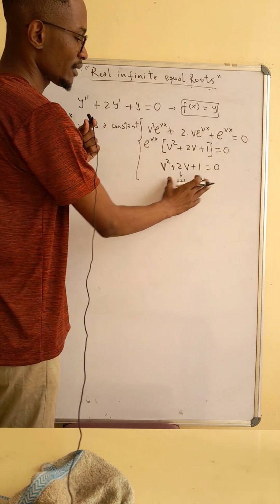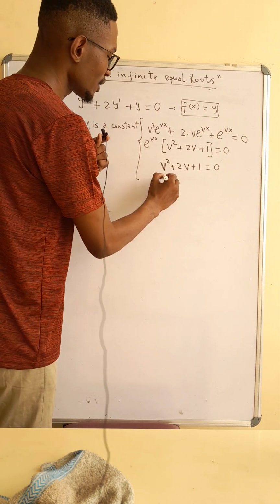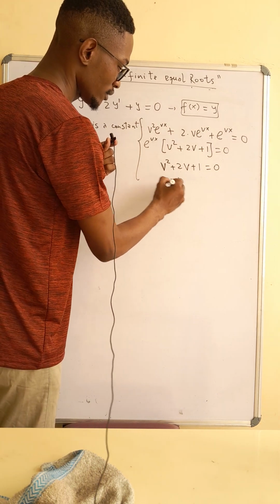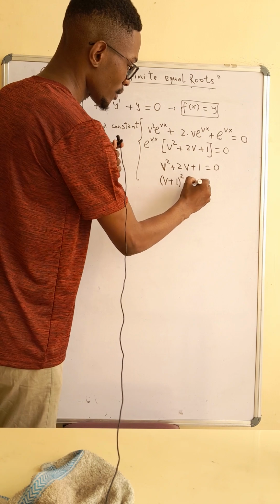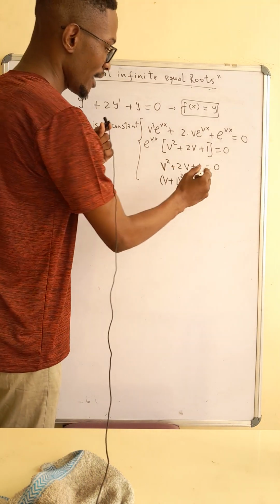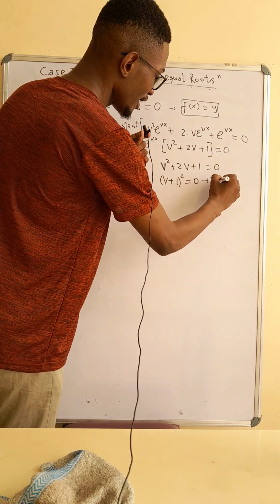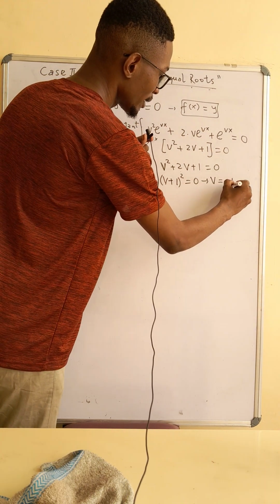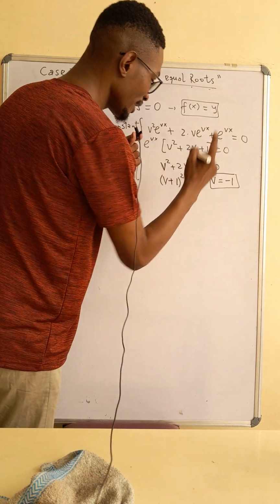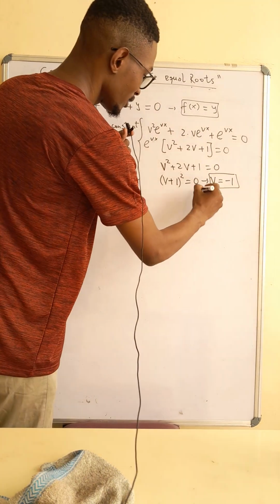Easily you can see, it means (v plus 1) squared is equal to 0. If (v plus 1) squared is equal to 0, it means that here I have v equal to minus 1, but this v equal to minus 1 is repeated twice, okay?